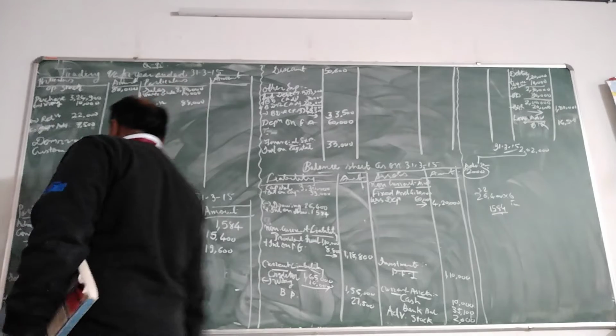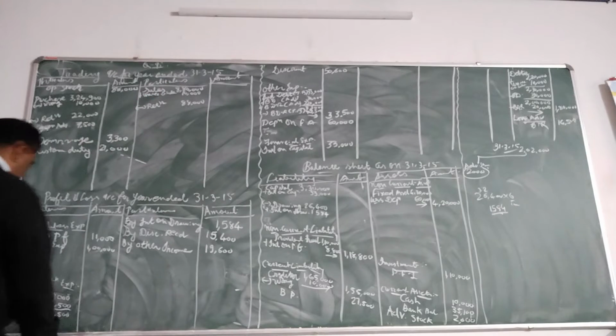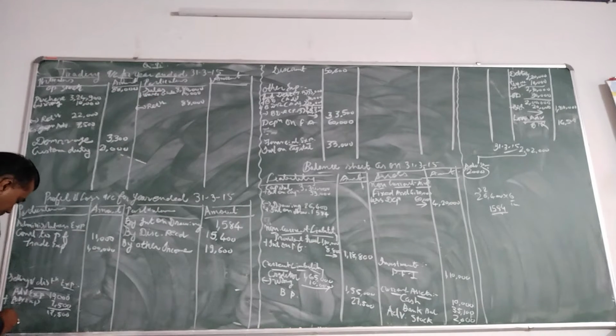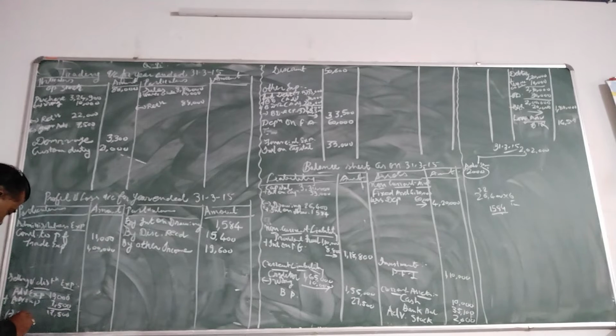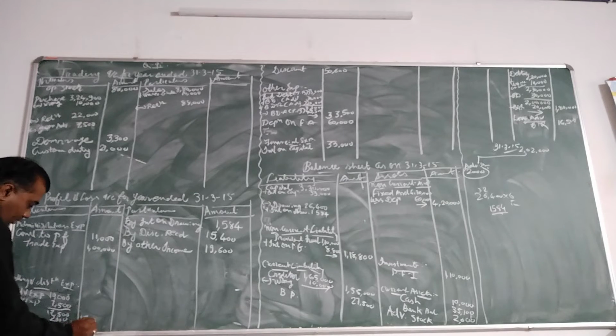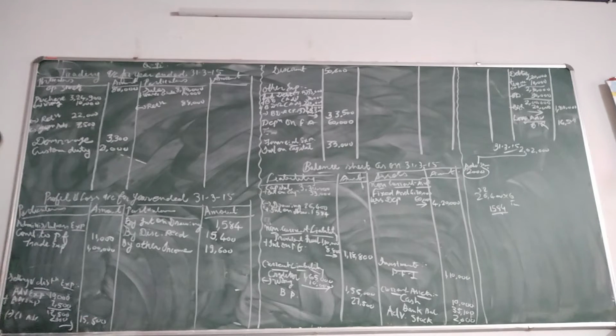It is closing stock, so it is deducted from here. Advertisement expense 10,000 plus other advertisement expense 7,500. Then closing advertisement stock 2,000 deducted. So in the outer column 17,500 minus 2,000 is 15,500.